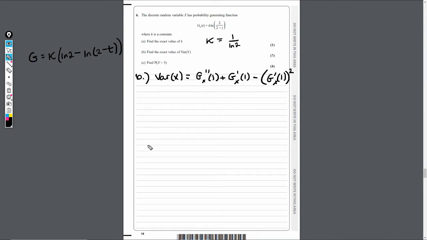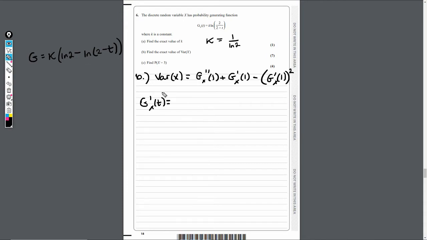So, differentiating this now. So g prime of t, how do we get this? Well, ln 2 will just differentiate as 0, minus ln bracket 2 minus t. So 2 minus t, the derivative of that will be minus 1 times the minus on the outside.